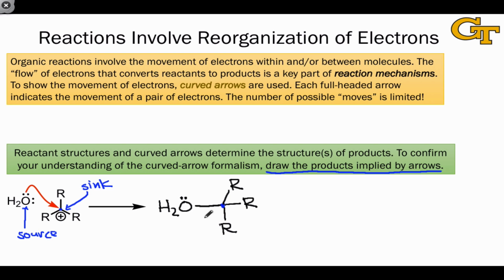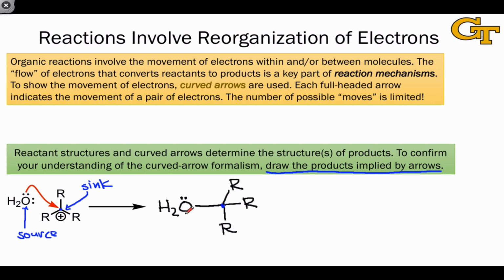The only thing we haven't accounted for are changes in formal charge. The source has increased in charge by 1 unit. And if you'd rather not think about this at that level, just look at the structure of the oxygen atom in the resulting product. It has a formal electron count of 5: 2 from this lone pair, 2 from each of the OH bonds to hydrogen, and 1 from the new carbon-oxygen bond.